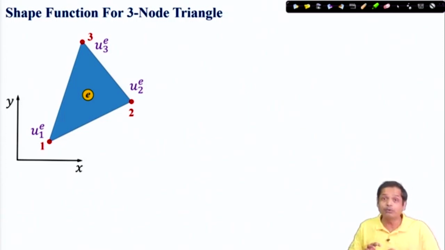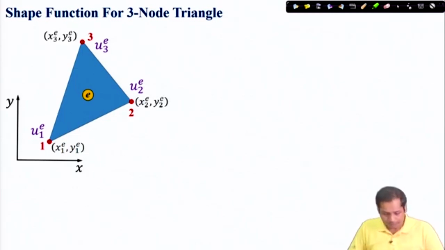Now, through this shape function, we need to write an approximation, a function through which at any arbitrary point within the element, the value u can be computed based on the information at the nodes. Suppose these are the coordinates of these nodes. So first we have to start with an approximation.